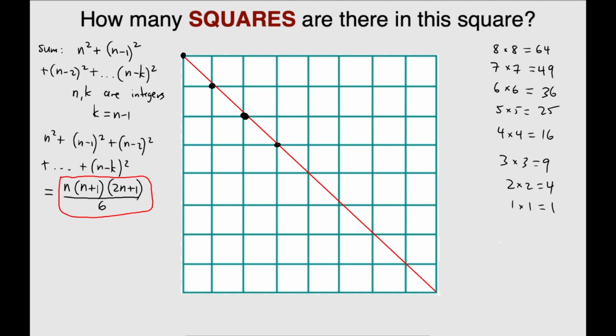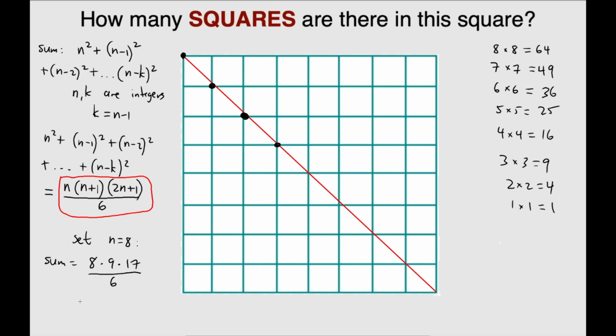All right, so let's test this formula. So we're going to set n equal to 8 because that's the number of rows and also the number of columns of these smaller squares, right? So n is equal to 8. So now if we test it, we're going to get, using the formula, 8 times 9 times twice 8. Twice 8 is 16. So we're going to get 17 if we add one more to that.